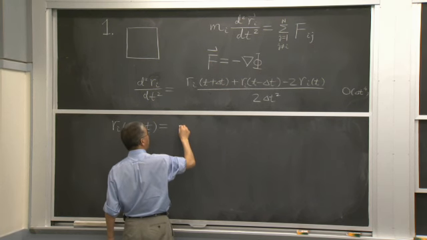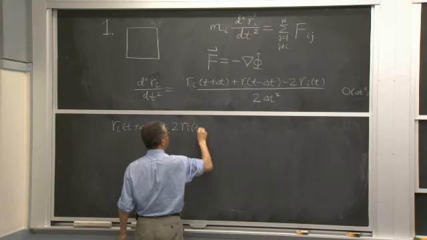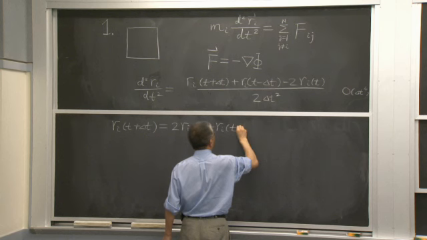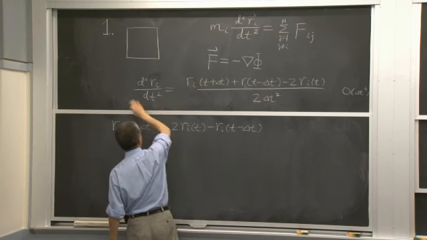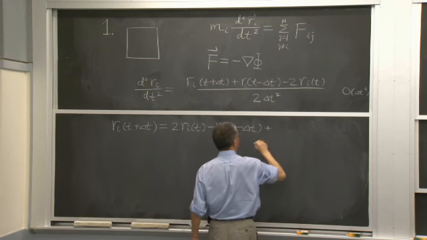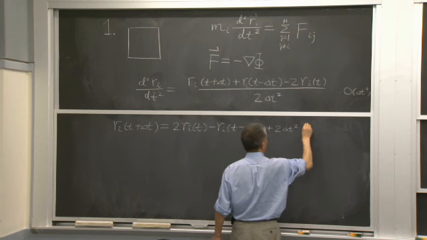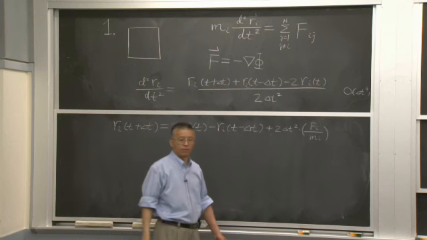So what I have here is 2 Ri(t) minus Ri(t minus delta t), right? And then I have the acceleration term, which is delta t squared times the force acting on this atom in that specific direction divided by mass.